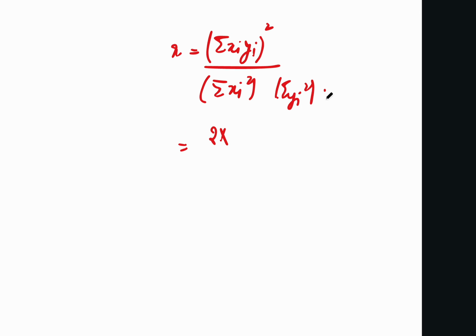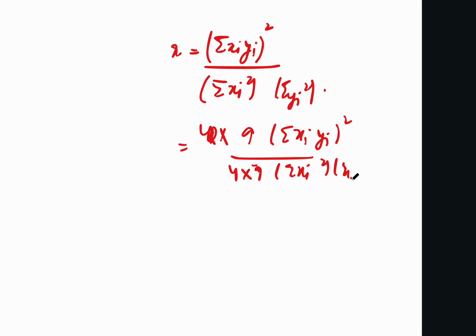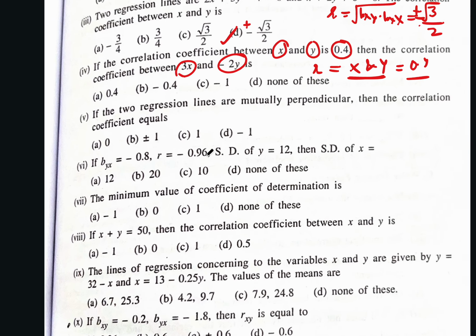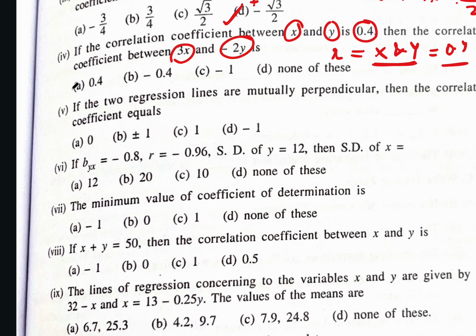So it will become 4 and 9 here, and this will become like this, and this will again become 4 into 9, and this will become this. So it will still be the same. There's no effect on it, so the correlation remains the same, because whatever increase happens will be cancelled out.